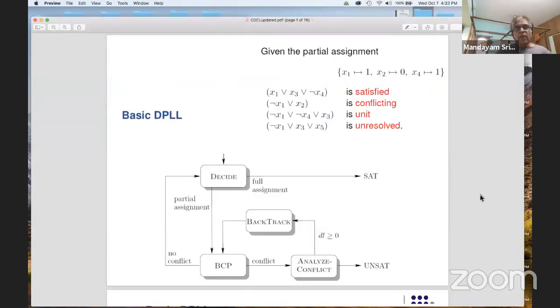So here is the same DPLL algorithm. By the way, the material for my slides is drawn from chapter 2 of the decision procedure book by Kroening et al.